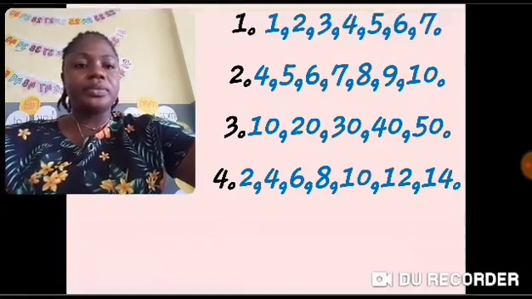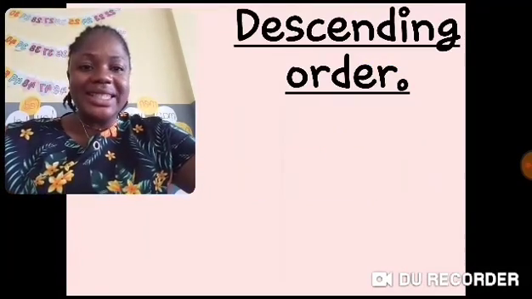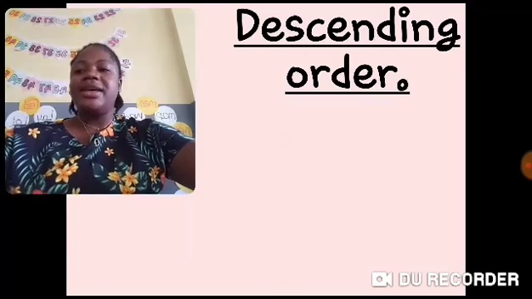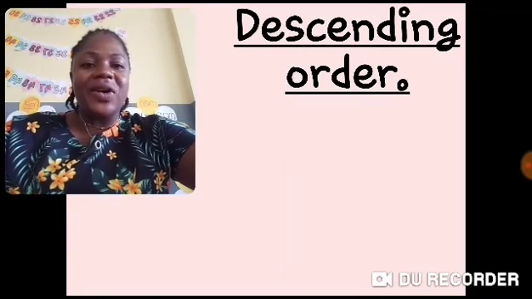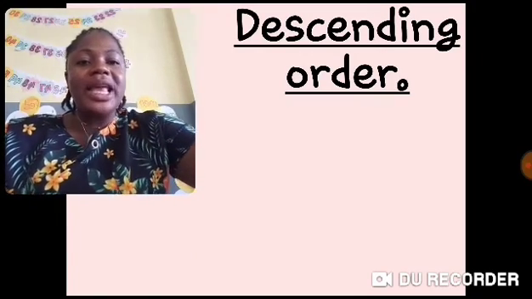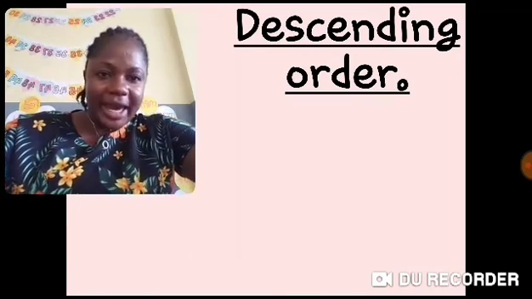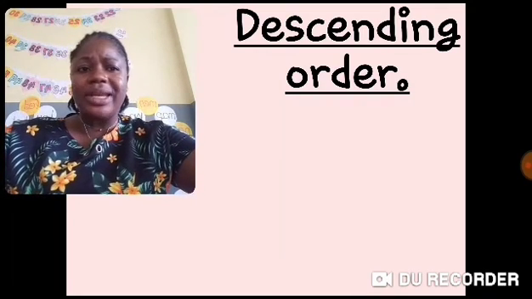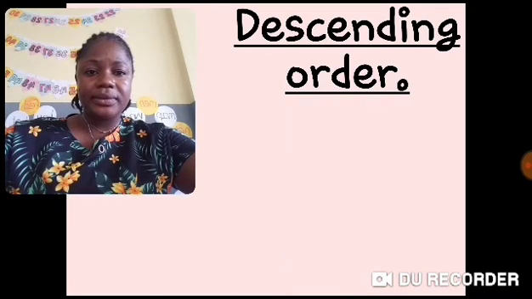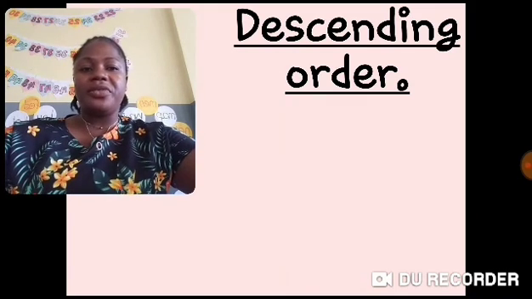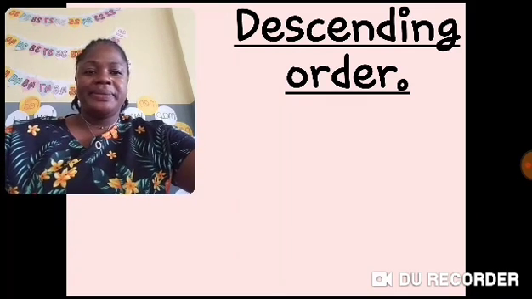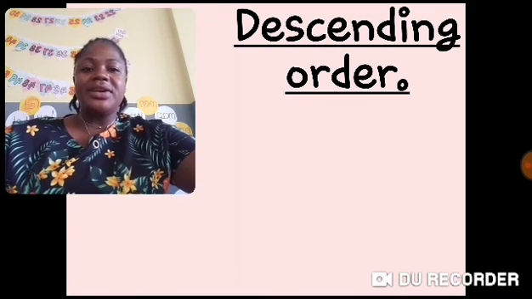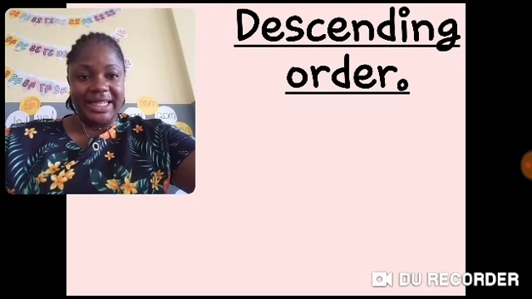Okay. So let's move to descending order. So if ascending order is from the smallest to the biggest, what will descending order be? What will be the meaning of descending order? Tell someone beside you if you have an idea.